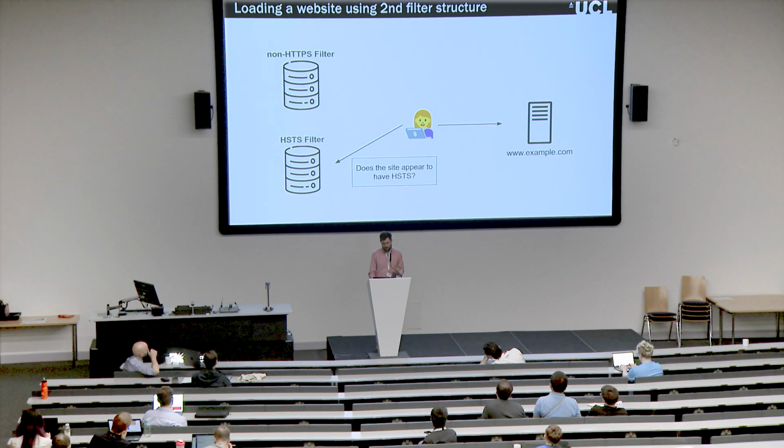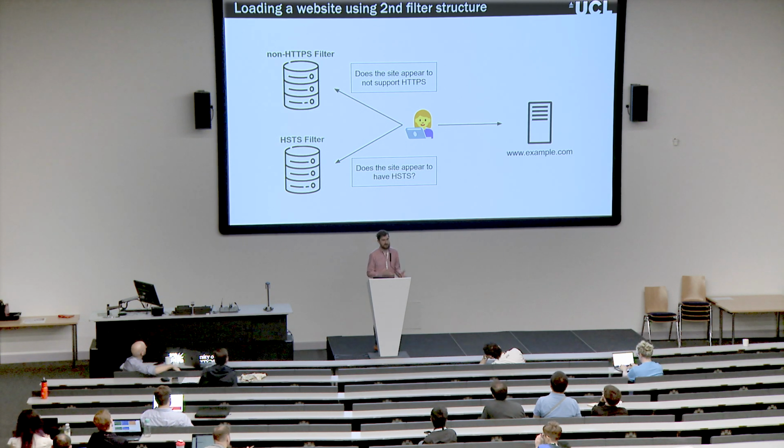But before we make sure, we just want to check in the other Bloom filter: has the site been reported as not having HTTPS? If the site appears in both Bloom filters, we have a contradiction, because a website can't have both HSTS and also not have HTTPS. So we know there's been a kind of breakdown in the protocol.